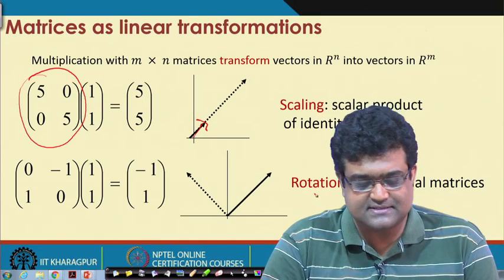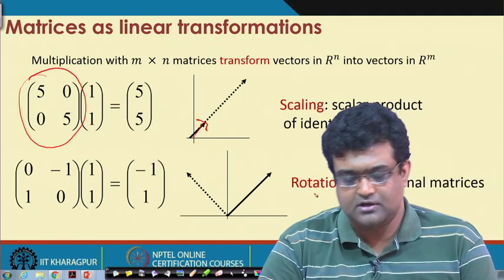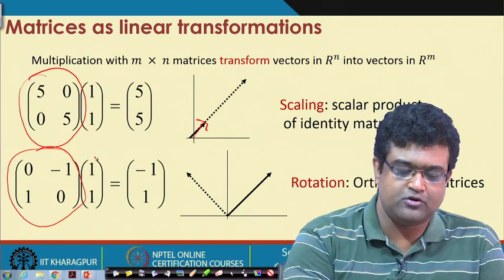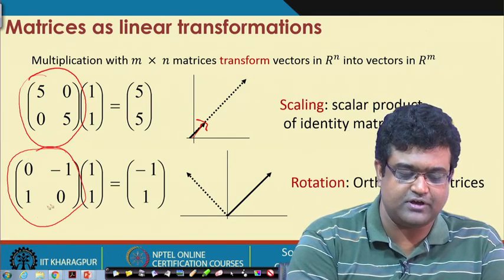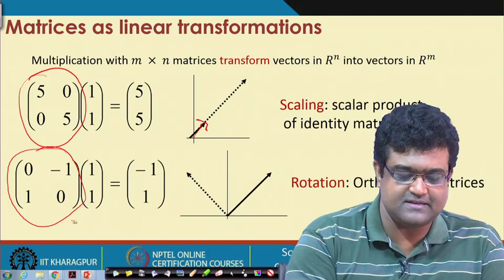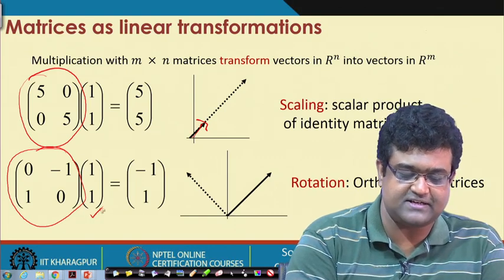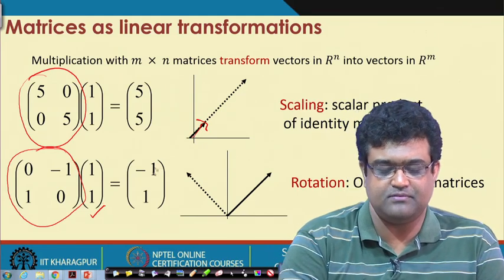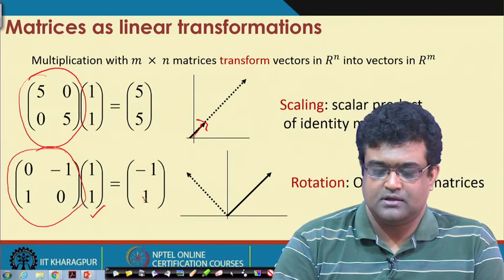Next, we discuss the rotation transformation. Note that the matrix [0 -1; 1 0], when multiplied with the vector 1 1, produces the vector -1 1.